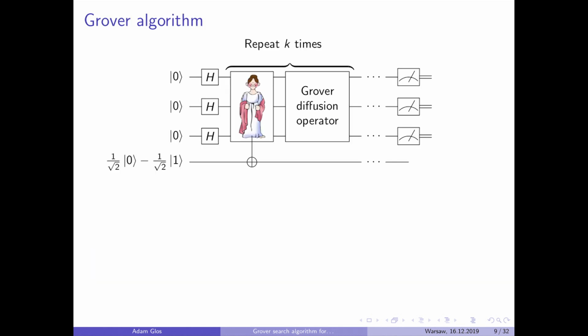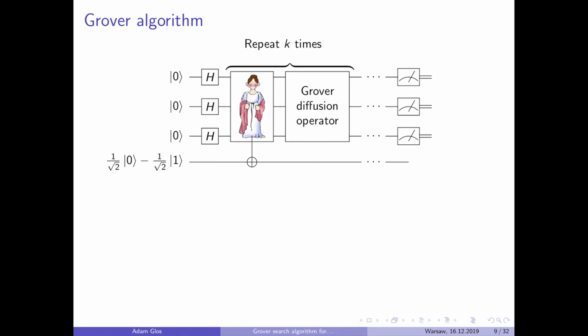Okay, so what's the Grover algorithm? Actually, the Grover algorithm has quite a simple representation, because we apply Hadamard gates at the very beginning. Then we apply our oracle and something we call the Grover diffusion operator k times. These are two gates that are exactly the same. There is our solution hidden, and this is some general gate that is independent of our problem.